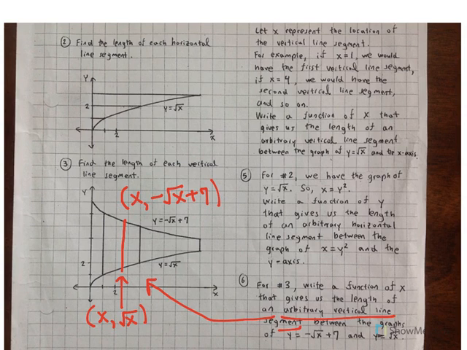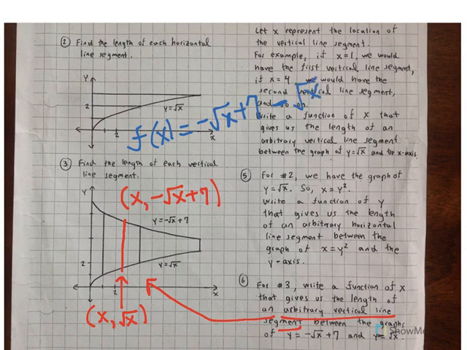So our function of x that would give us the length of an arbitrary vertical line segment between the two graphs in number 3 would be f of x is equal to the y-coordinate of the top endpoint minus the y-coordinate of the bottom endpoint.